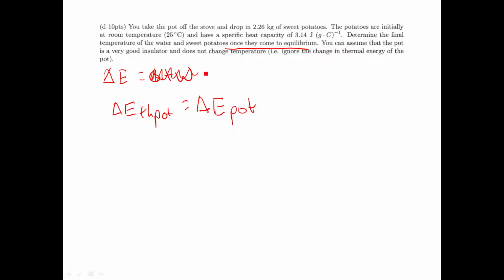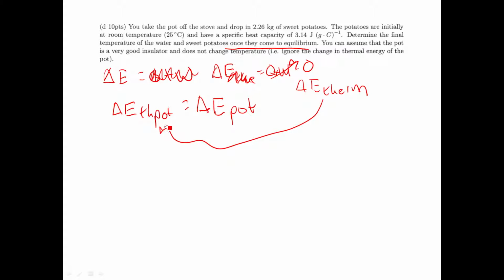So basically, what I did here is you had delta E therm, or delta E, equal to Q plus W. But because of the statement we had up there, Q plus W actually equals 0. And so delta E is actually delta E therm. Then you break it down into the components of the pot and the potatoes.